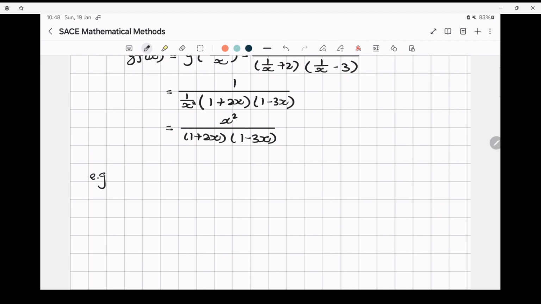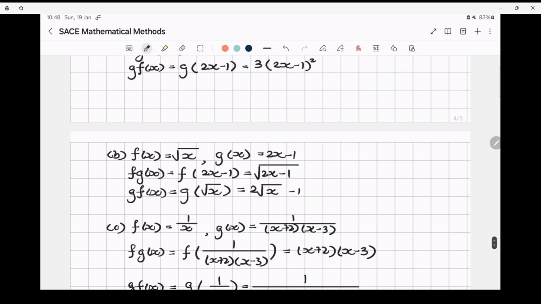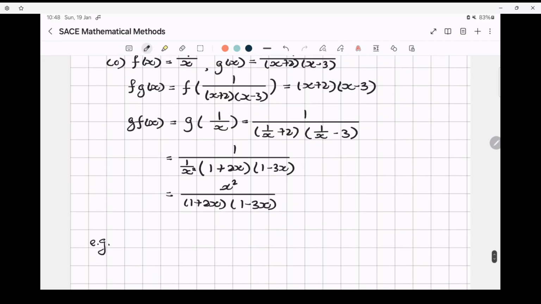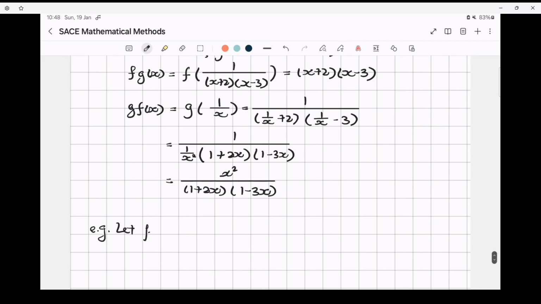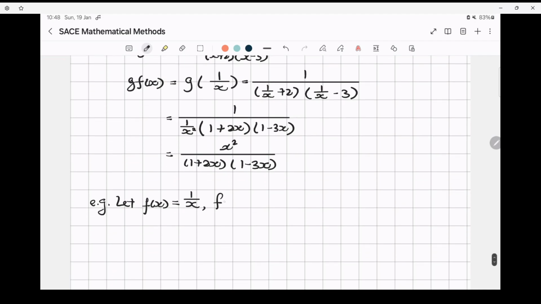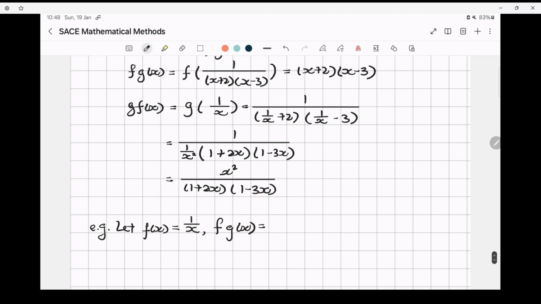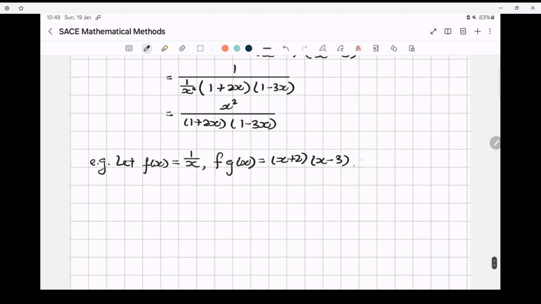So of course, given the composite functions, I can also, for example, let's just test with the third one. Let f of x be equal to 1 over x, and f of g is (x plus 2)(x minus 3). Find g of x.